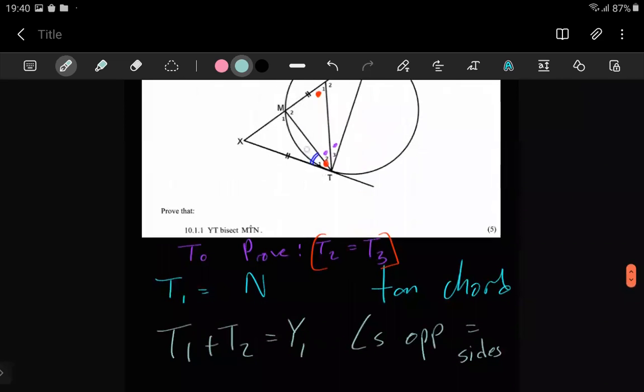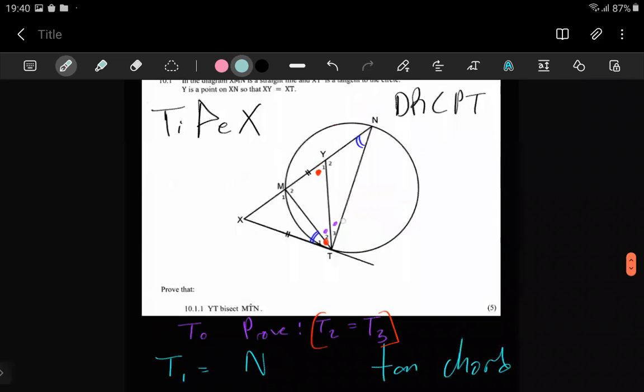So we've written our statements here. There's T1 somewhere, there's T2 somewhere. Now we need a way of having T3 in our statements. That's not very difficult, as we said, because we're going to make use of the P here: there's an exterior angle and two opposite interior angles. You see there's N there, Y here, T there, M there.